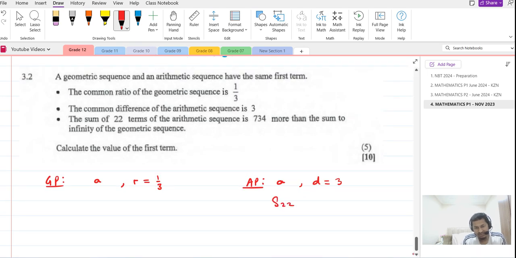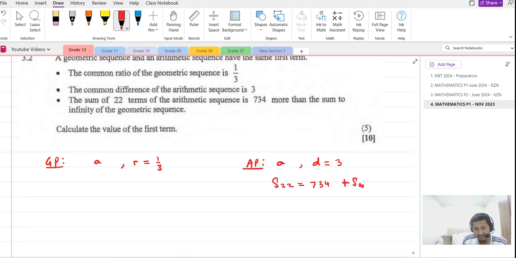S22 is equal to 734 more than the sum to infinity of the geometric sequence. So plus sum to infinity of geometric sequence. Calculate the value of the first term. So this is an important information, so we're going to use this.